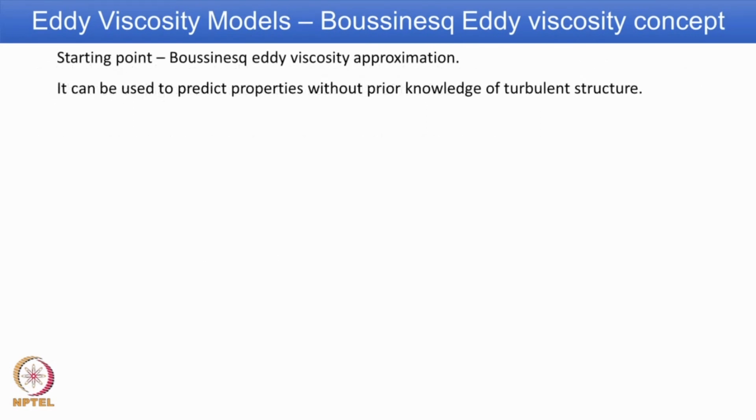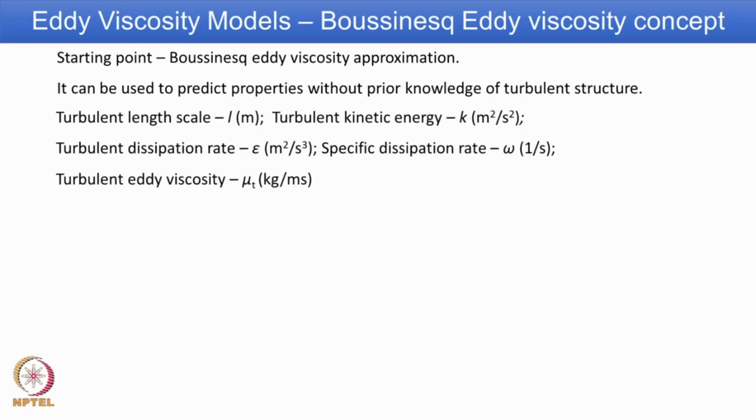The starting point for all the turbulence modeling is a Boussinesq eddy viscosity assumption. It is used to predict properties without having to know any prior knowledge about turbulent structure. Now, let us define some more quantities. What is known as a turbulent length scale, we use letter L and it has a unit of m, meter.